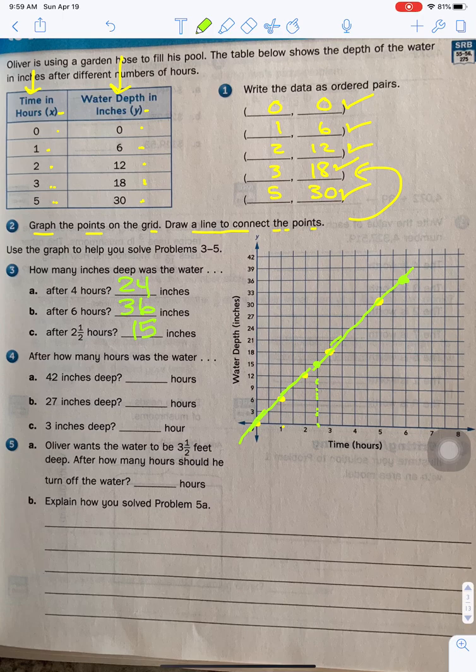After how many hours was the water 42 inches deep? So we're going to take a look at this side now. If we find 42, we go up, up, up, up, up to 42. And then we're going to have to go across from 42 to see where that intersects.